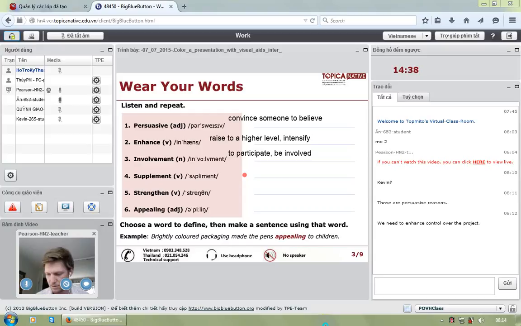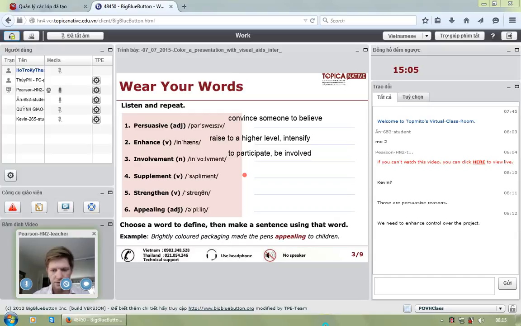And can you use involvement in a sentence? Yes. He was imprisoned for his involvement of overthrowing the government. Okay, that's a very good sentence.